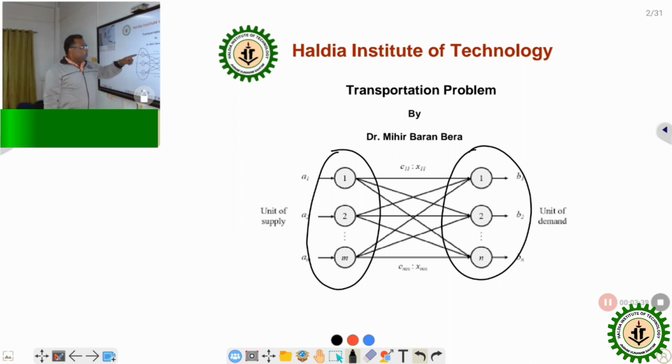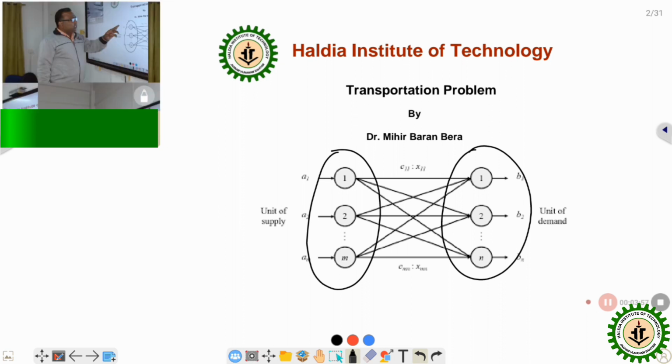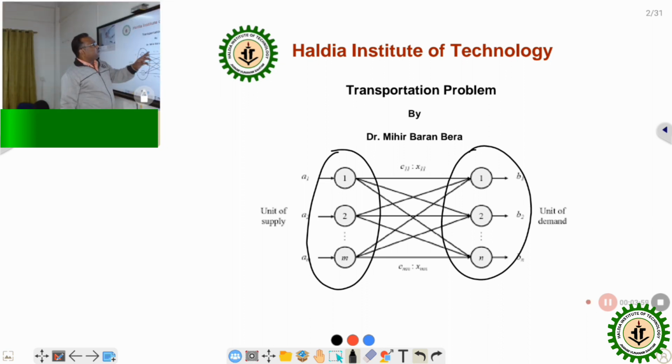This is your first origin, second origin, and third origin, which we name A1, A2 and A3. These are destinations 1, 2, 3, which we consider as B1, B2 and B3. The transportation cost from the first origin to the first destination we denote by C11.